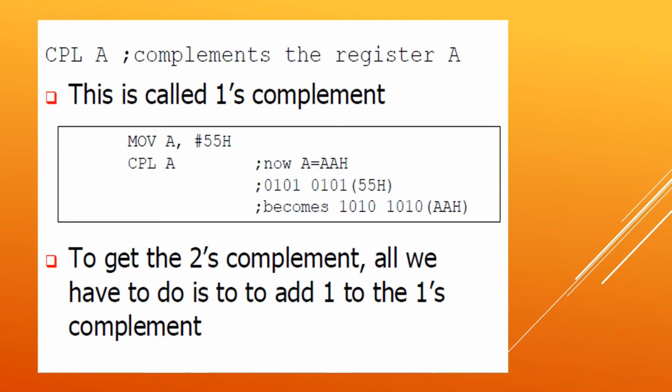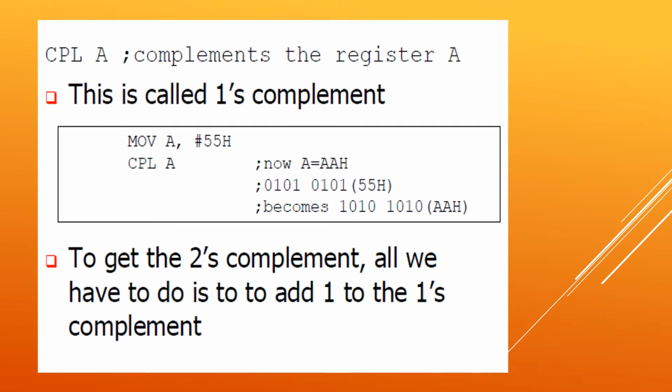There is no direct invert instruction, but here you can use the complement instruction, CPL. CPL is going to complement the contents of, for example, the accumulator, so it is in the form CPL A. The instruction complements the contents of register A, 0 to 1 or 1 to 0. This is also called the ones complement.